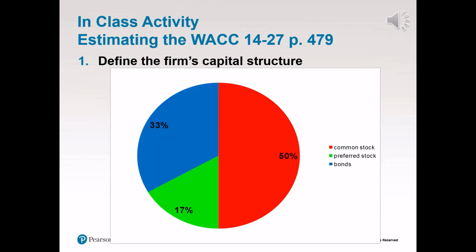We want to convert those market values of our different capital structure items into percentages so that we can see the percentage of our different capital items. Here you can see common stock is 50%, preferred stock is 17%, and bonds are 33%.